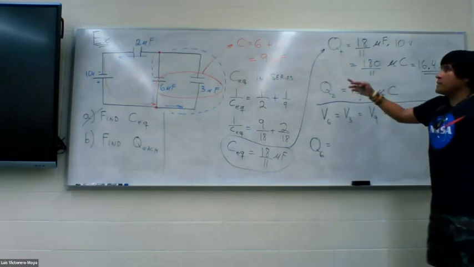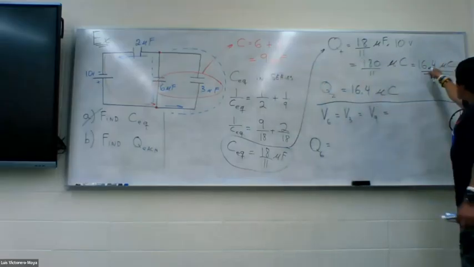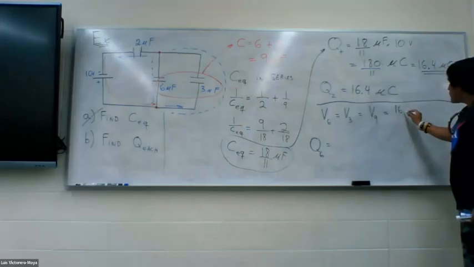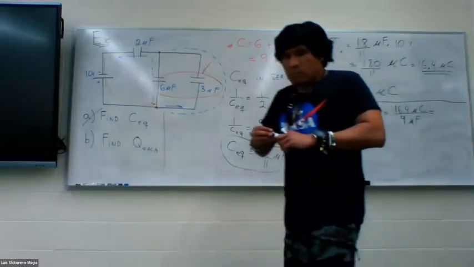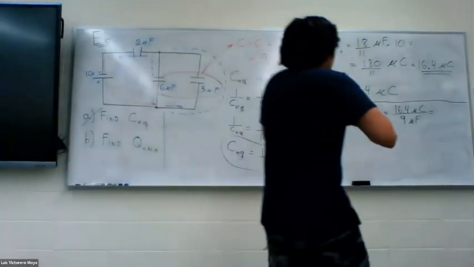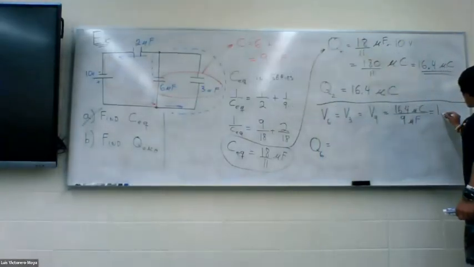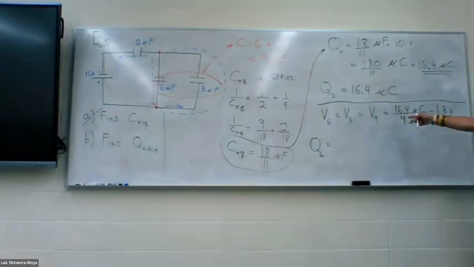Since these two are in series, the charge on 9 is this. Q divided by C. And that's approximately, not 2, it's 1.8 volts. So that's the voltage on 9.